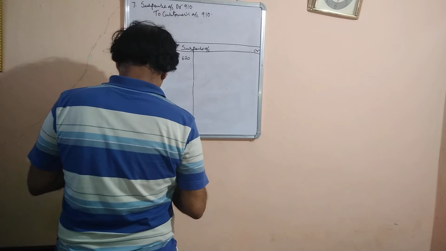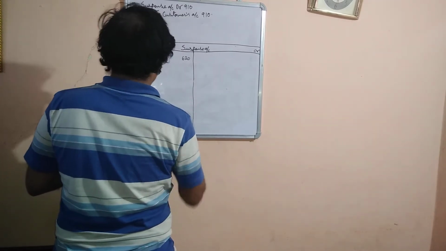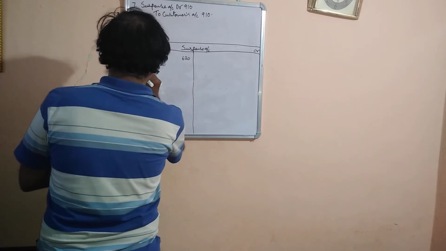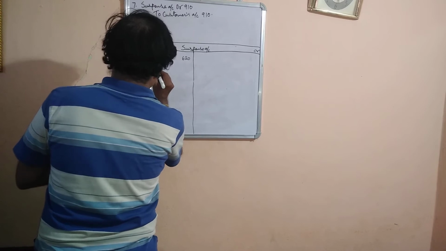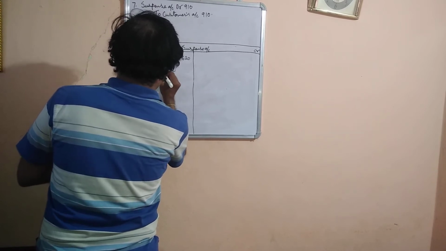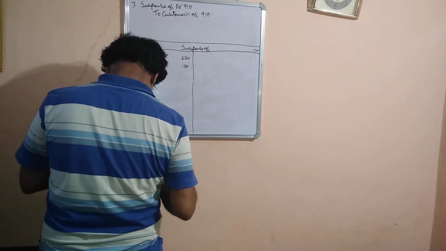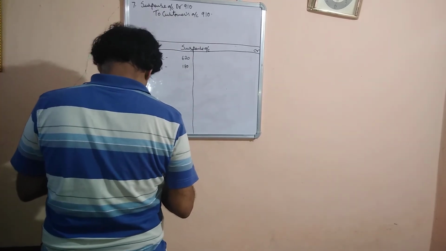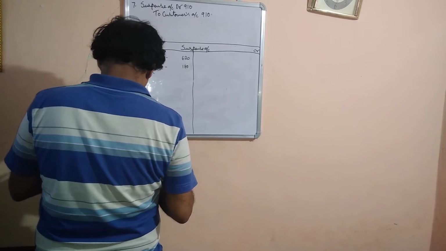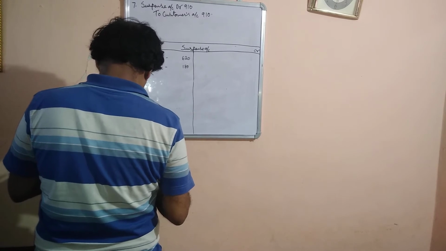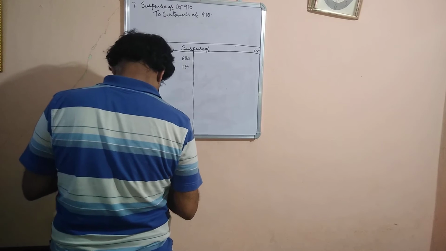So here we are preparing: to P&L adjustment account, 180. After that, the fifth one, debtors account debit to suspense account, 5,200.